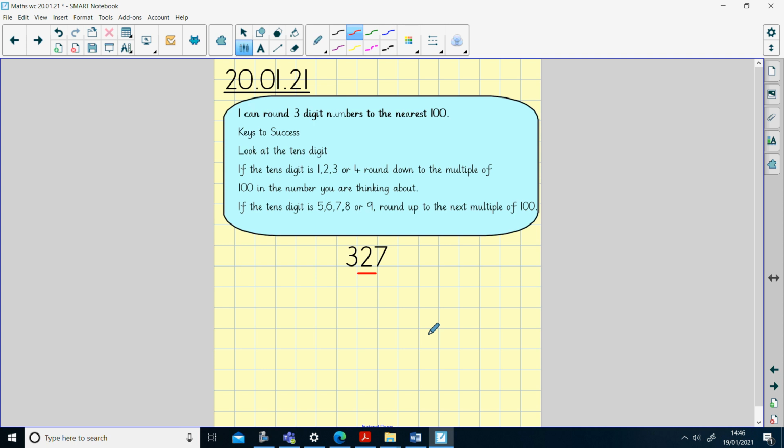So if my tens digit is a 1, 2, 3 or 4, I round down to the multiple of 100 in the number I am thinking about. So the number I'm thinking about is 327. So my 327 will round down to 300. So exactly the same rules as yesterday.